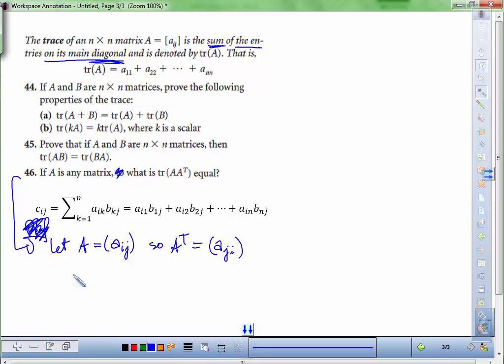So A times A transpose is going to equal to the c_ij.